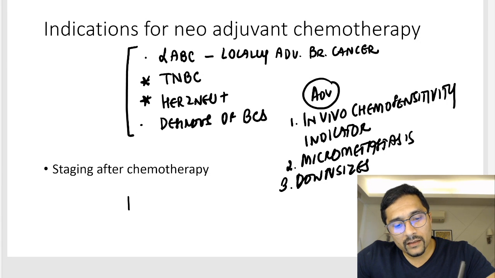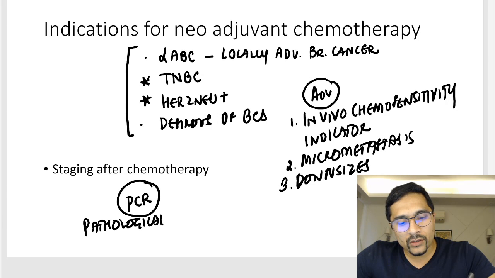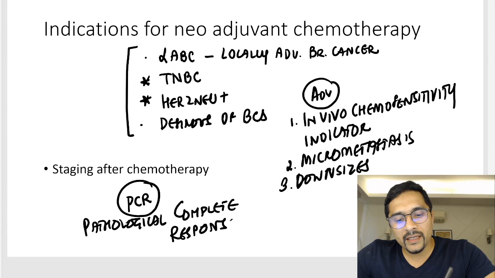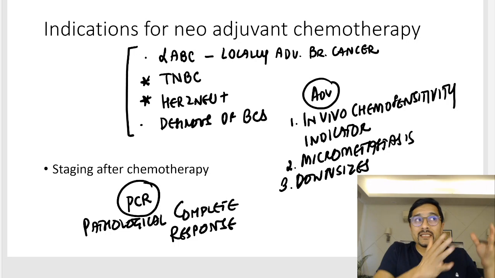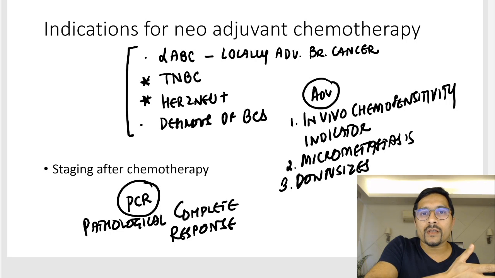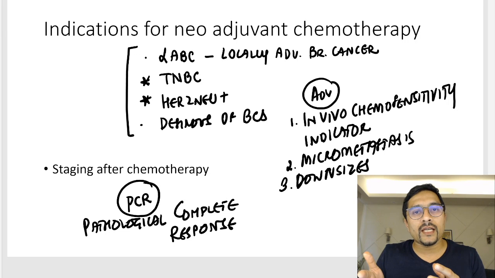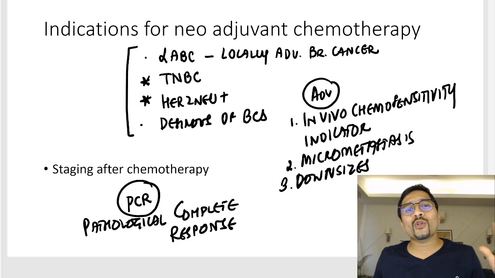Now, there is another term known as PCR. PCR is pathological complete response. Pathological complete response means the tumor completely goes away. So that means the patient had a 3 centimeter tumor or 4 centimeter tumor. We gave neoadjuvant chemotherapy, then we did surgery, but on pathology no tumor was found.